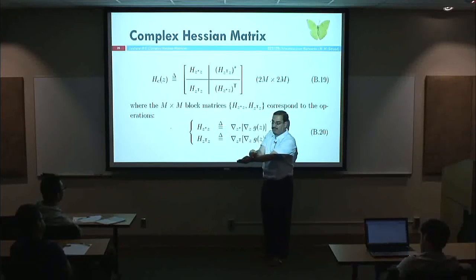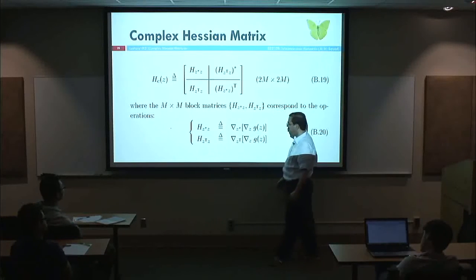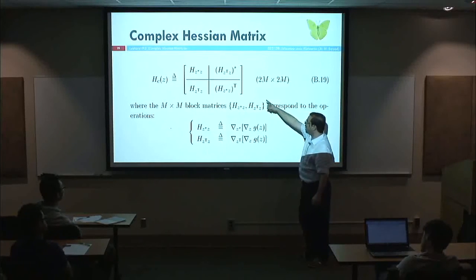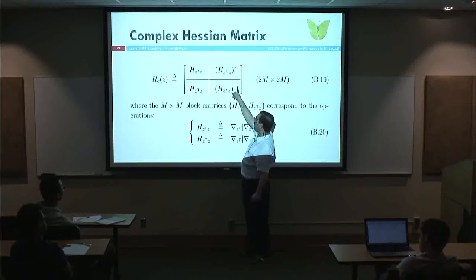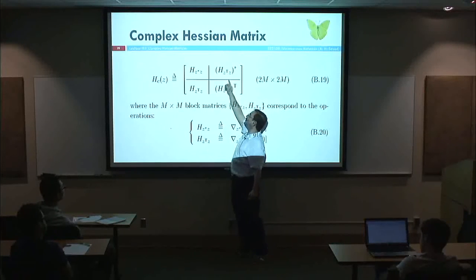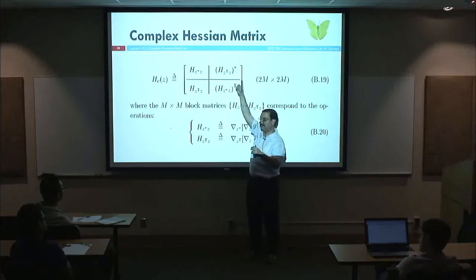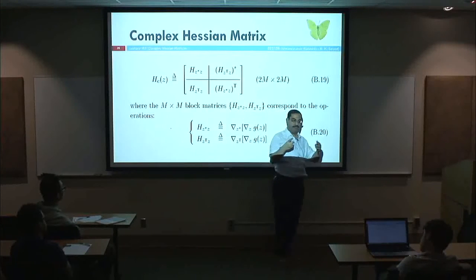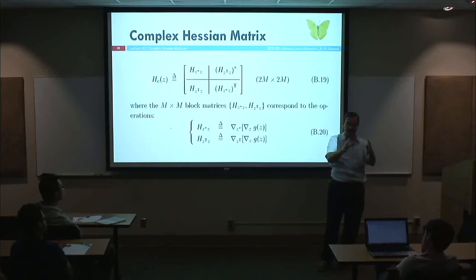Okay, the Hessian relative to z transpose in the complex case is different from the Hessian relative to z star. These are different variables, right? And similarly here, you compute the Hessian and you transpose the result. You compute the Hessian and you conjugate the result. What this symbol star means: you transpose the matrix and then you conjugate every element in the matrix.